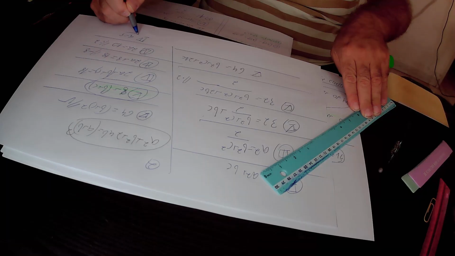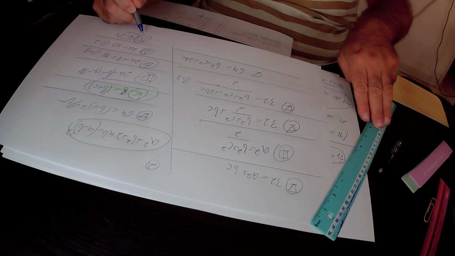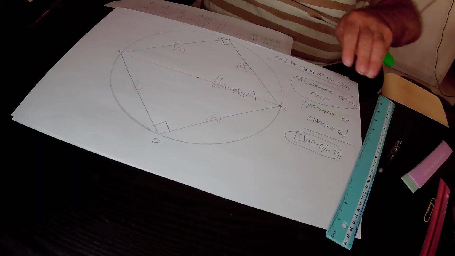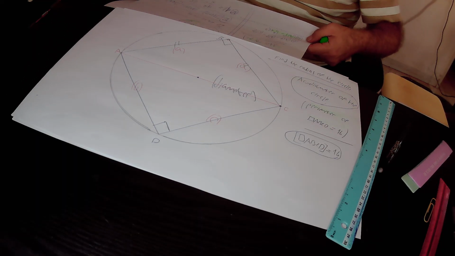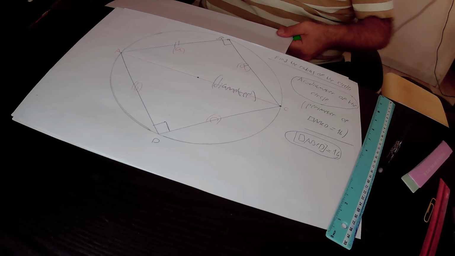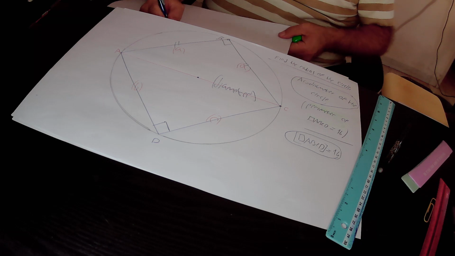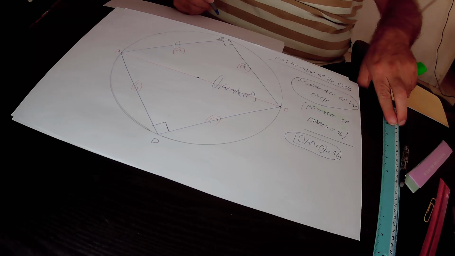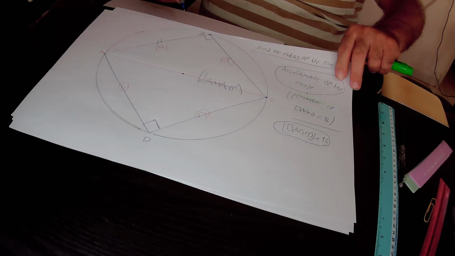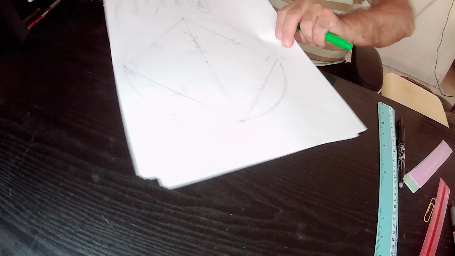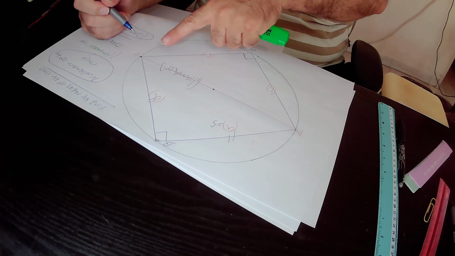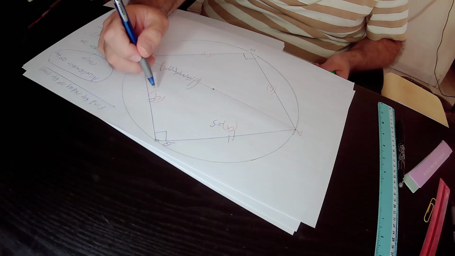So A equals 5 units. So AB equals A and A equals 5. Here BC also equals A, which equals 5 units in its length.